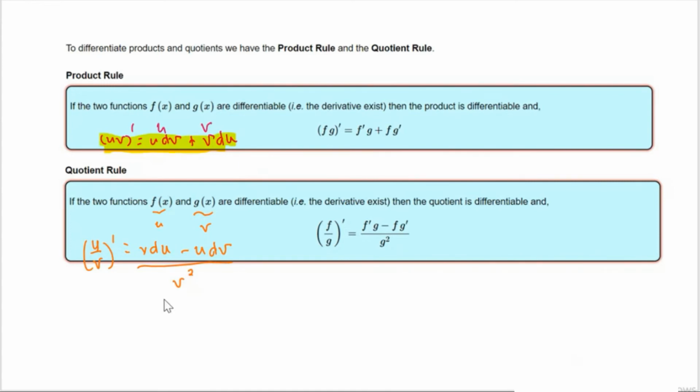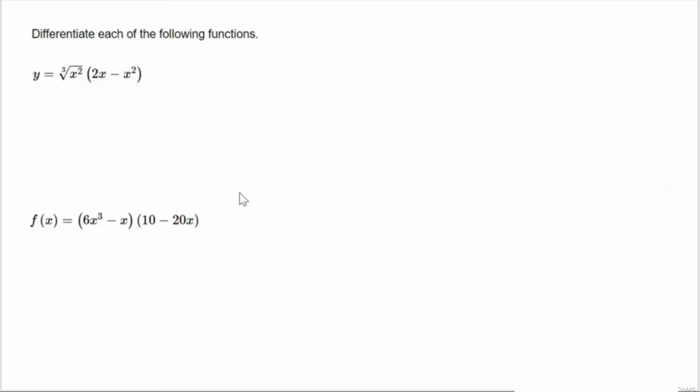So it's very easy to memorize that one. The derivative of u over v is equal to v du minus u dv all over the square of the denominator.